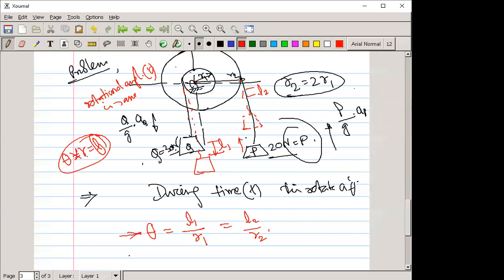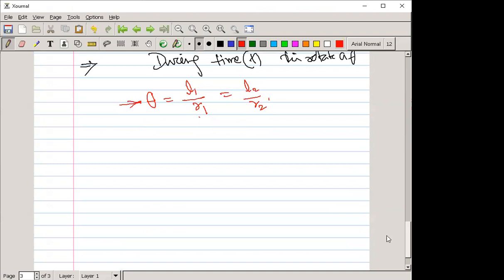Now differentiate two times to get the acceleration, because we have the R. To get the accelerations AP and AQ, we have to differentiate. Let's write it as L1 R2 is equal to L2 R1. This equation we have to differentiate.